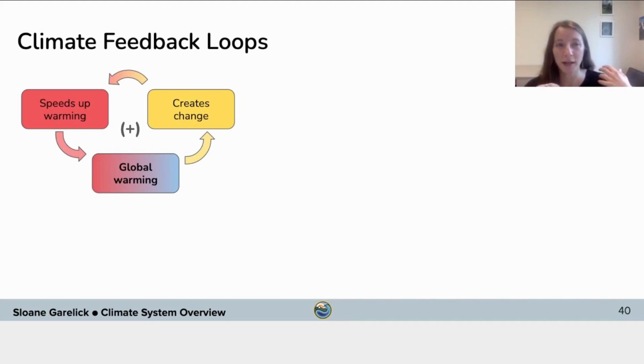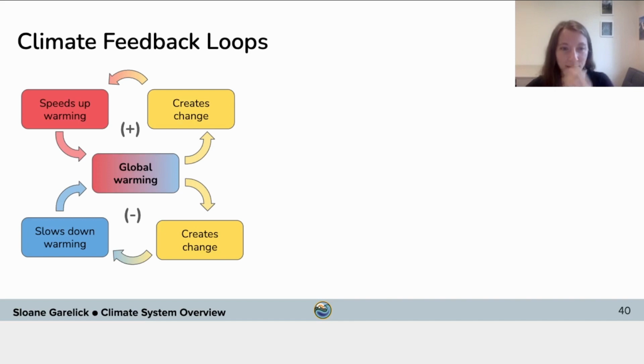This would create a positive feedback loop that causes increased warming. Now, if we look at an example of a negative feedback, this initial warming would create some change in the climate system that actually slows down the warming and may even create cooling. So this negative feedback would balance out the warming and create a more steady change or lack of change.